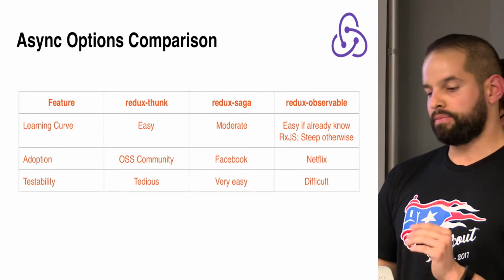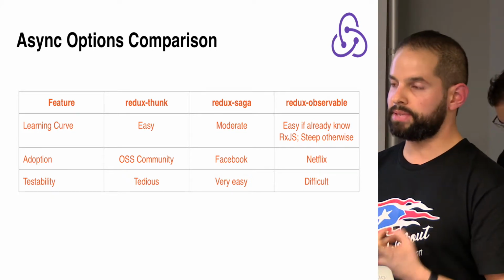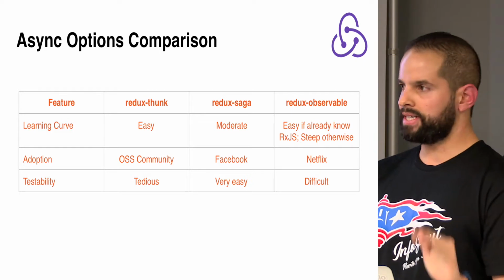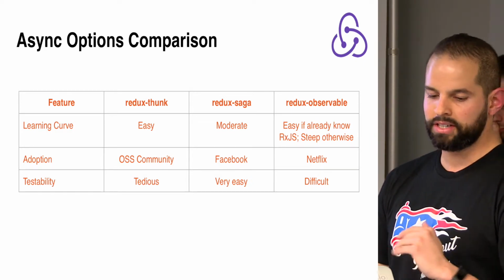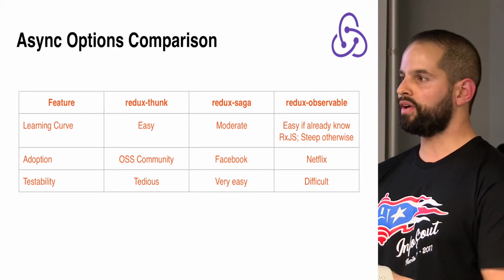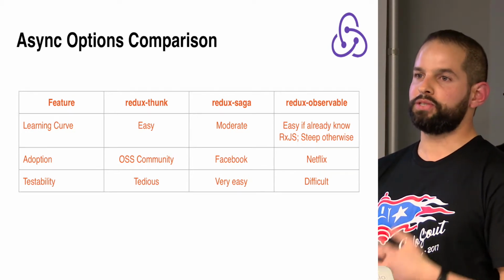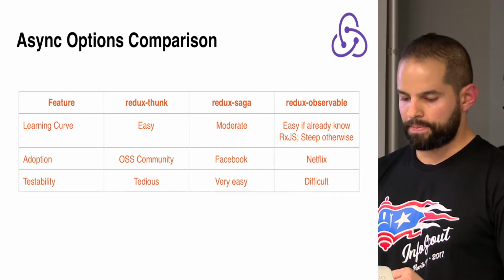On adoption, Saga and Observables are being used and maintained by Facebook and Netflix respectively. For testing, the best one is Redux Saga, because you're testing objects, you're comparing objects. Observable is really difficult to test, and they don't have any documentation for testing. Thunk is really tedious because you have to mock all the functions that you're using in your Thunk.